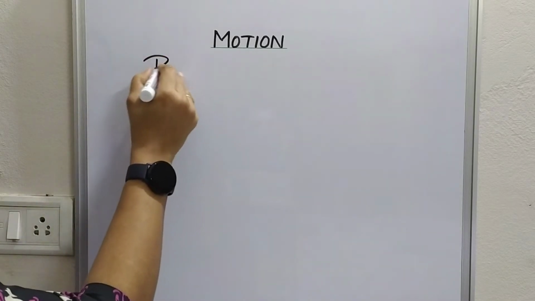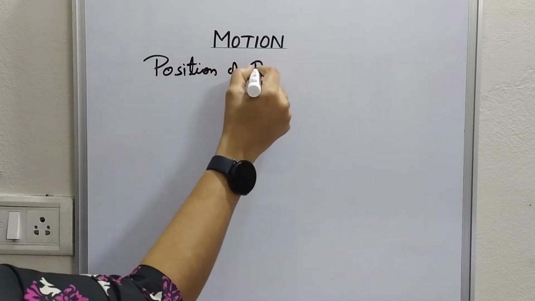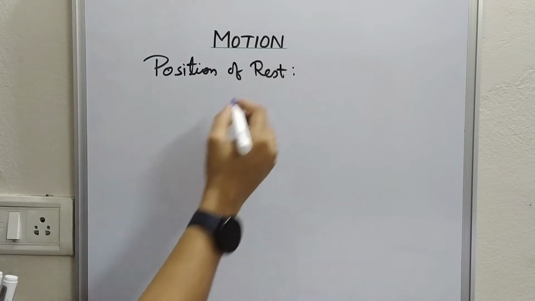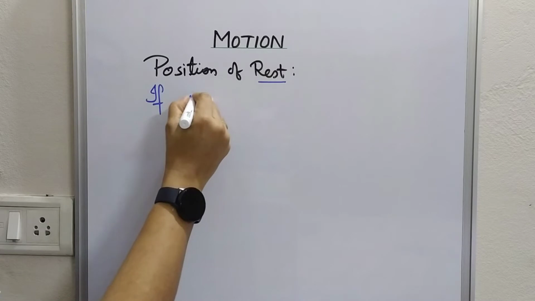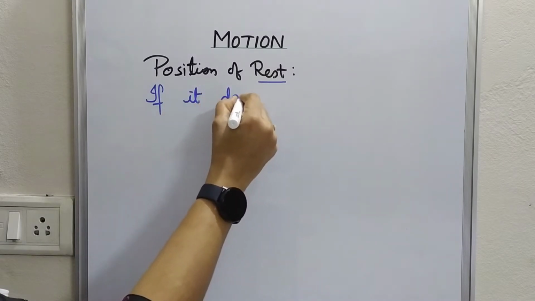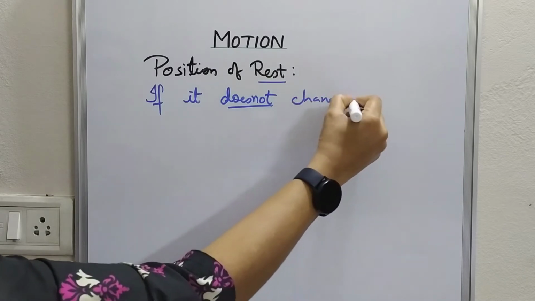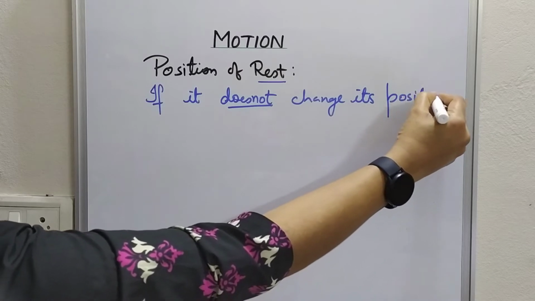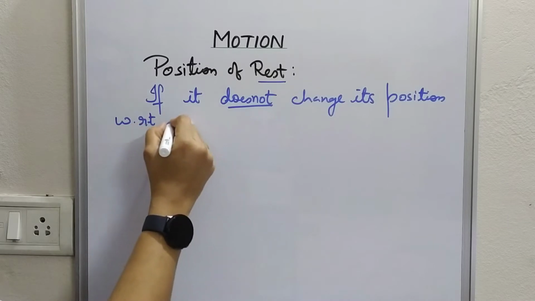Let us now know the meaning of position of rest. When do we say that a body is at rest? A body is said to be at rest if it does not change its position with respect to time and surrounding.